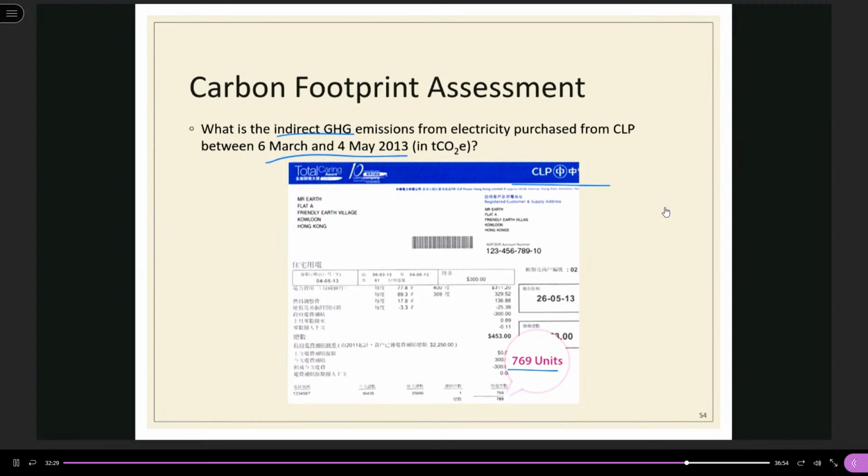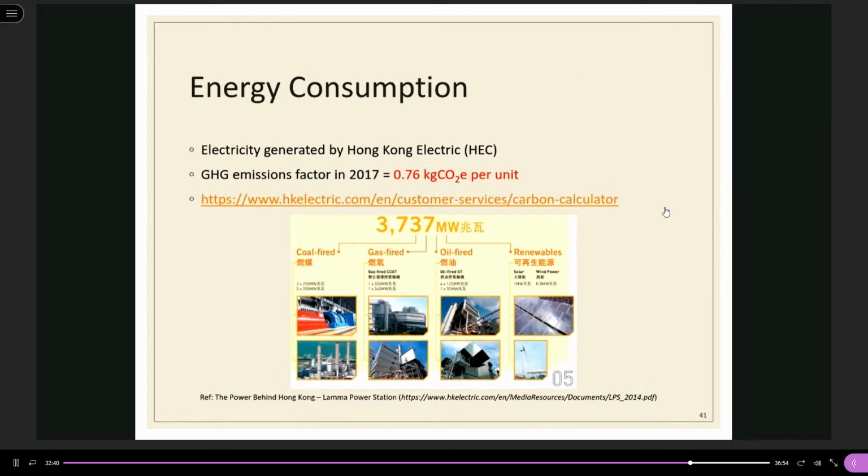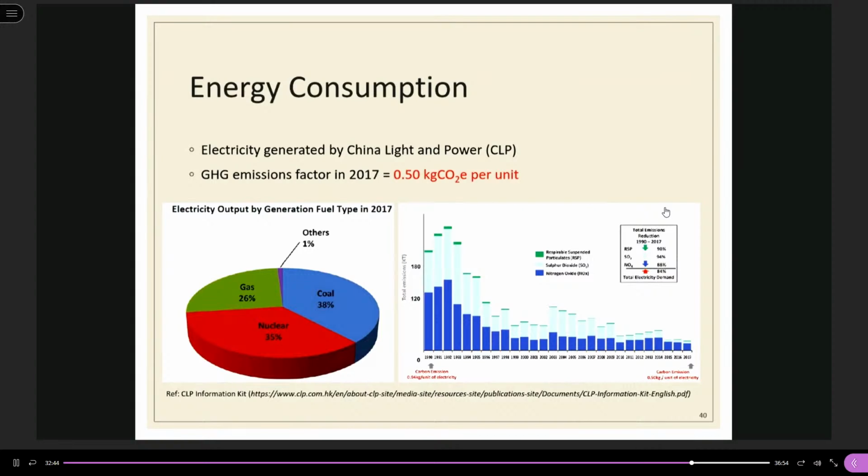The energy consumption is 769 units. For CLP, if we refer to their website, not this one, this is the HUC, referring to the year 2017, the greenhouse gas emission factor is 0.5.